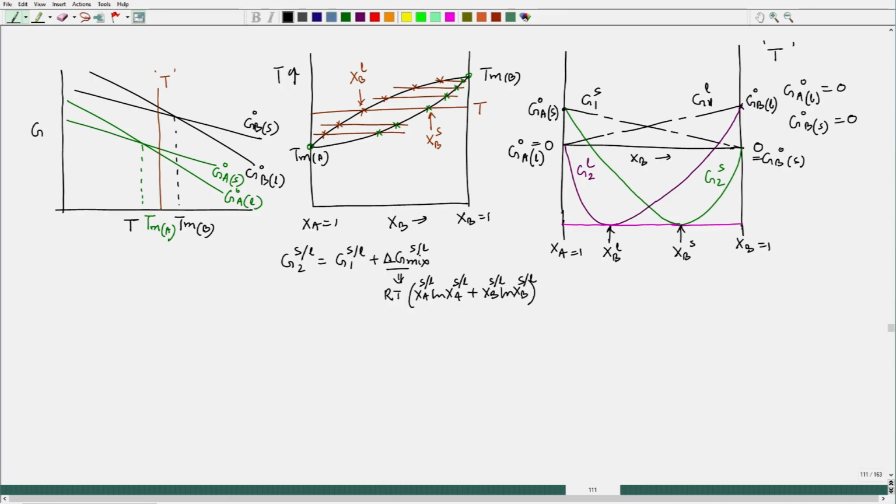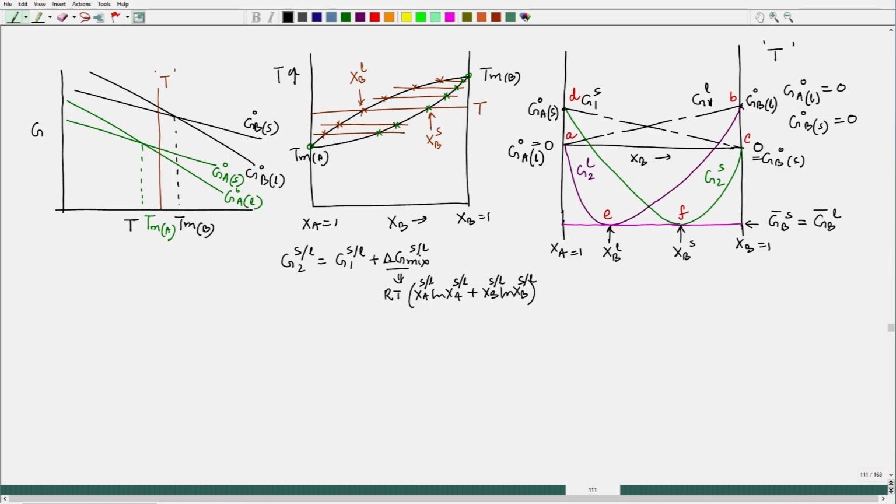And let me just mark some of the points. Let us say this point is A, this point is B, this is C, this is D, this is E, and this is F. These are the points we are considering, and here we see that G_B bar of solid should be equal to G_B bar for liquid, that is the condition of equilibrium.